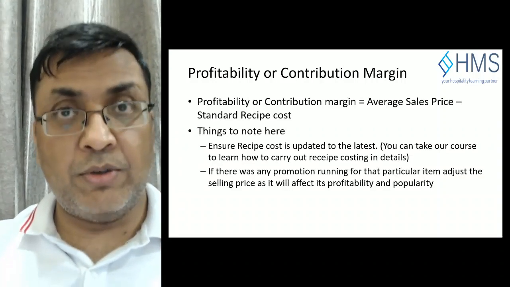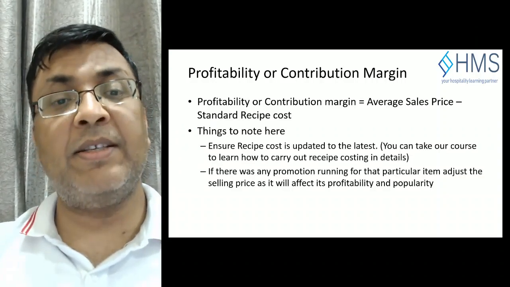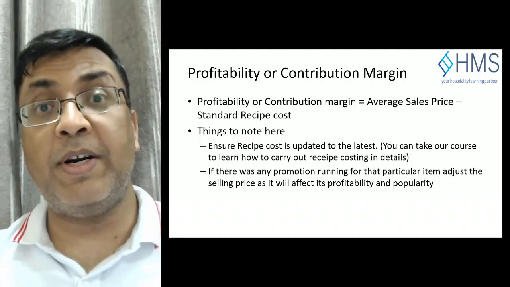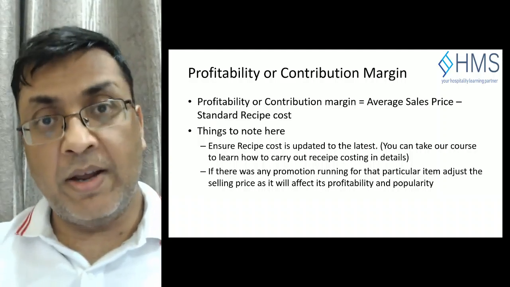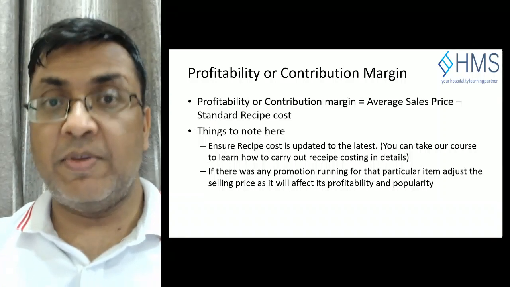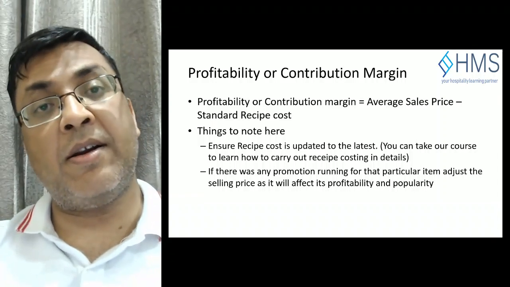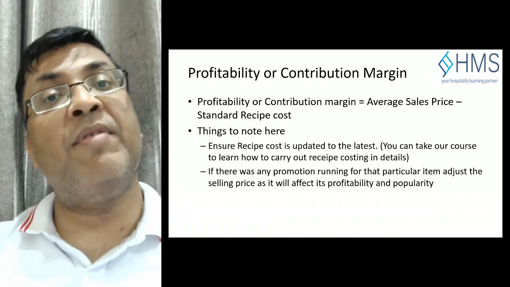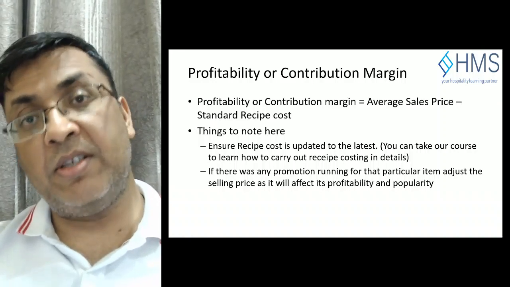The things to note here, as we have discussed, is that recipe cost should be updated to the latest. Normally in a hospitality setup, the recipe costs are reviewed every 6 months, every 3 months, or at every season at minimum.